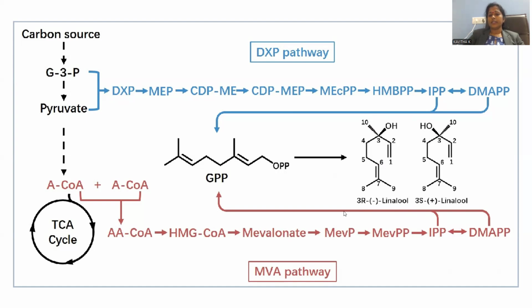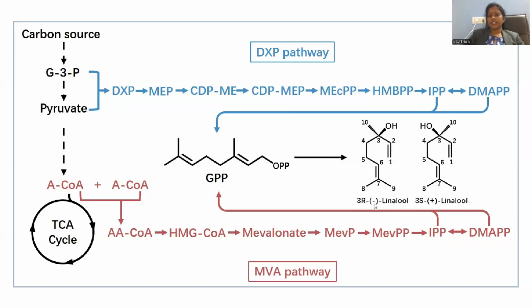In order to make this linalool, the starting materials like IPP and DMAPP are required. In the enzymatic action, GPP will be generated. That GPP will be combined with another enzyme, giving rise to this linalool. Two isomeric forms of linalool are observed.